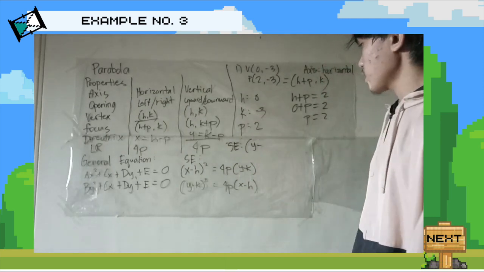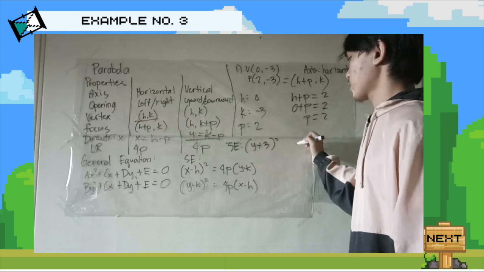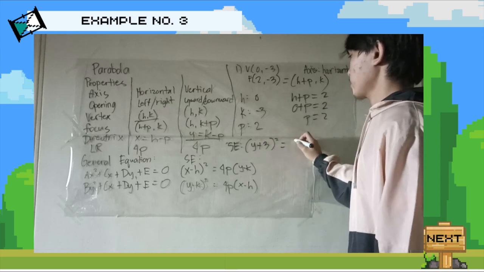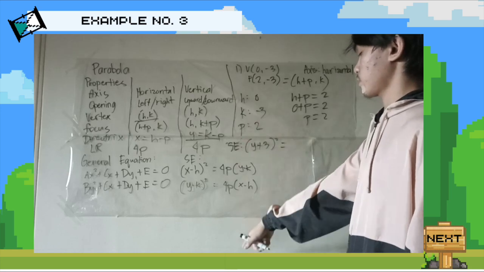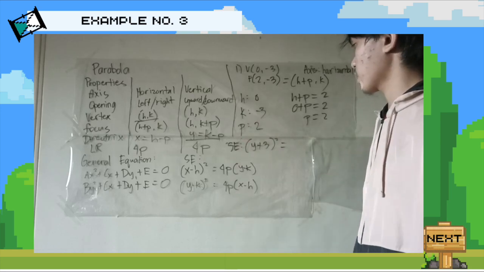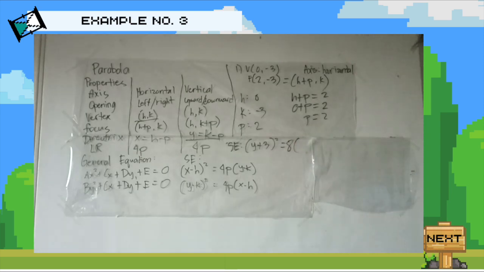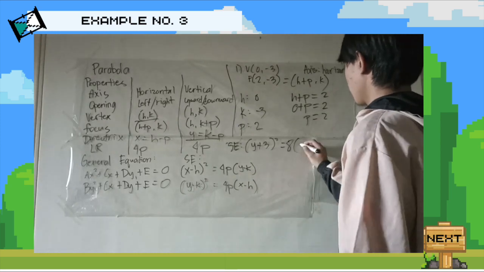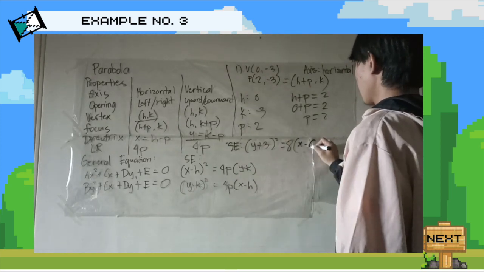That is negative 3, and negative plus negative is positive. So plus 3 squared is equal to 4p. What is our p? 2. Just have to multiply it by 4 first to get the 4p. 2 times 4 is 8. Parentheses, x minus h. What is our h? That is 0. So x minus 0.